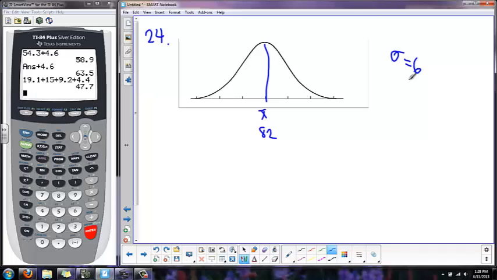Now, just like all the way up at the top on number 19, just like then they were asking 68% of the scores, well, hopefully by now you know that 68% of the scores fall within one standard deviation of the mean. So between a -1 and a +1, all of this adds up to about 68.2%. Okay?